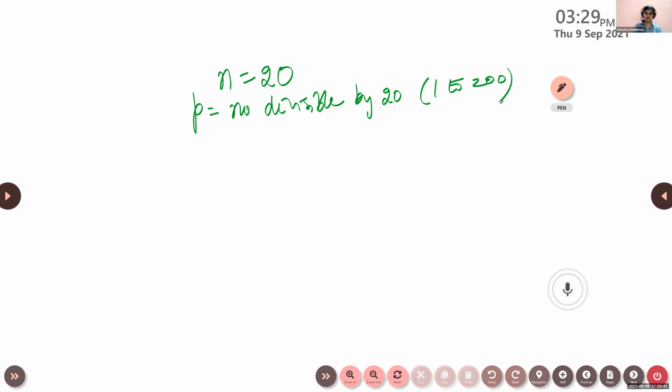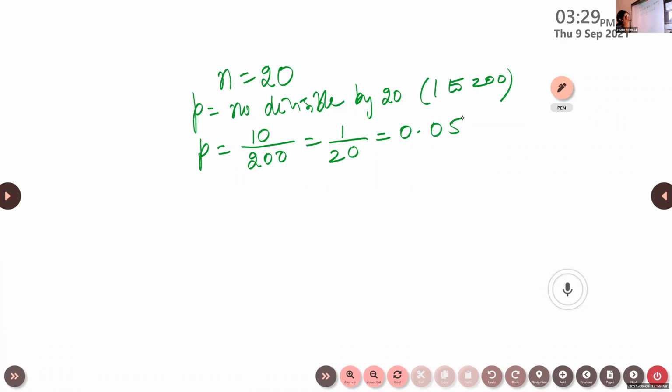So what is the probability? The probability of getting a number divisible by 20 is 10 by 200, which is 1 by 20, which is equivalent to 0.05. P is 0.05. Now find lambda.